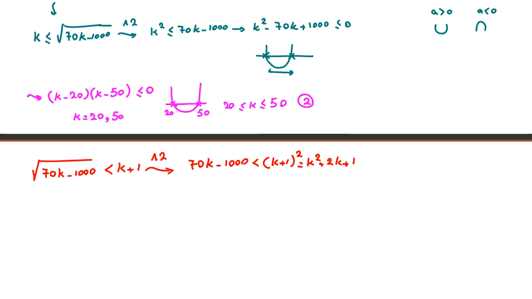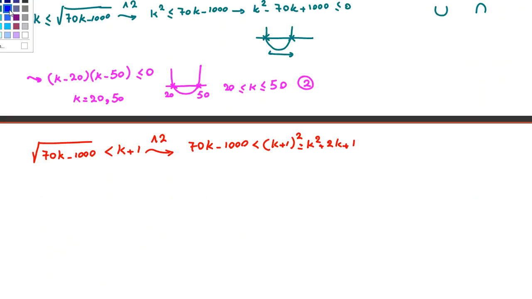Now if we take all things to the right hand side, then it will be what? Let me write. 0 less than k squared plus 2k. When you take 70k to the right hand side, negative 70k. Negative 70 plus 2, negative 68k. Negative 1000 to the right hand side, 1000 plus 1, 1001. Okay. Now we want this function to be greater than 0.